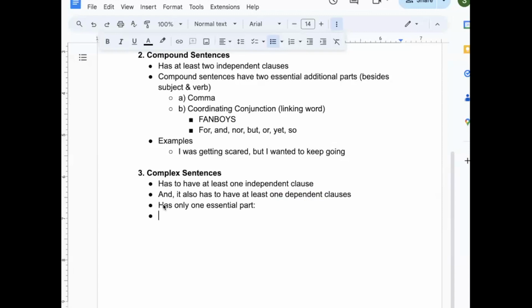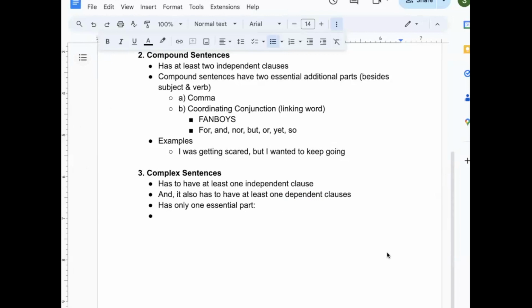It has one essential part. Any ideas what that one essential part would be? So this one is called the subordinating conjunction.